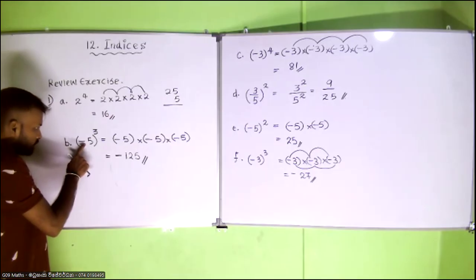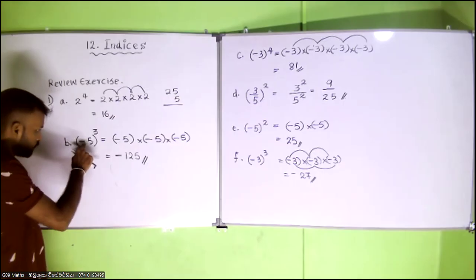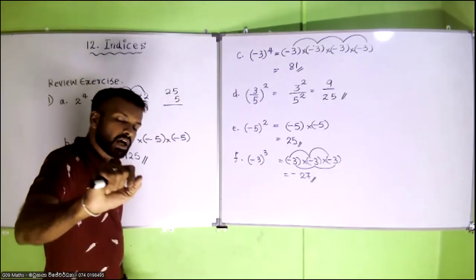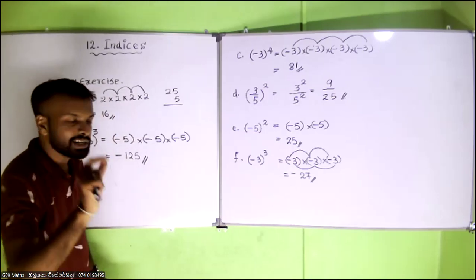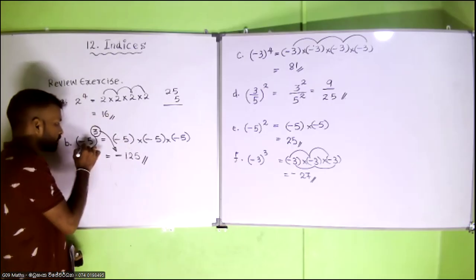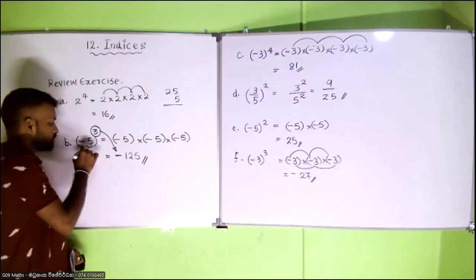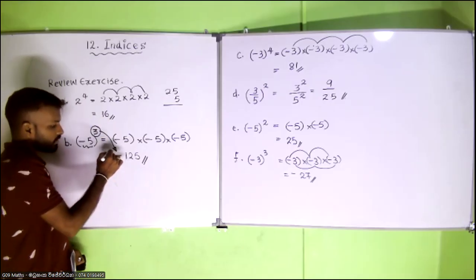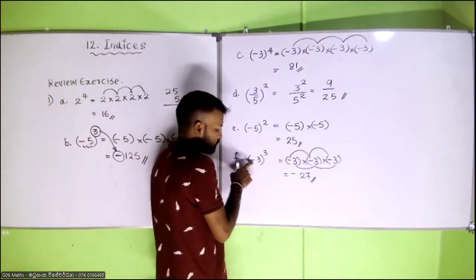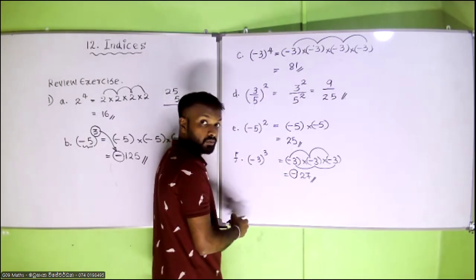Here you have -5 and an odd power. Negative number and odd power. The final answer's sign is definitely negative if your power is odd for a negative number.